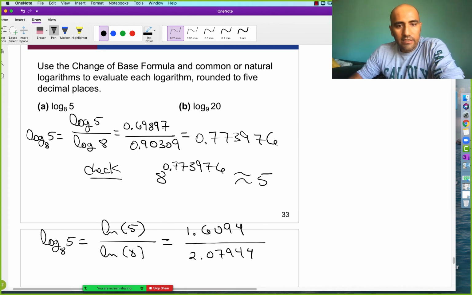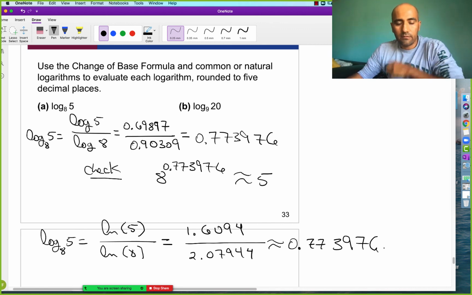Notice that this right here does not match this, and this does not match that. However, this division will be equivalent to that division. The result of those two will be equivalent, approximately, off by a little bit. And so we'll get the same answer.